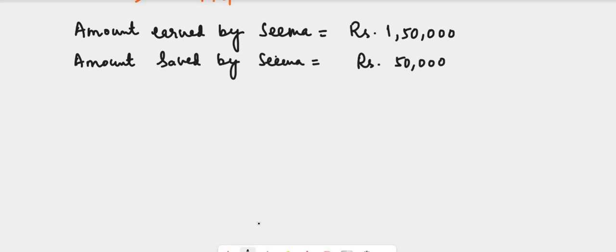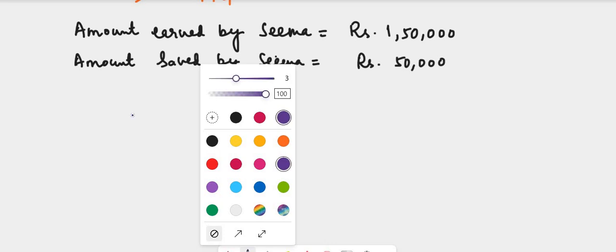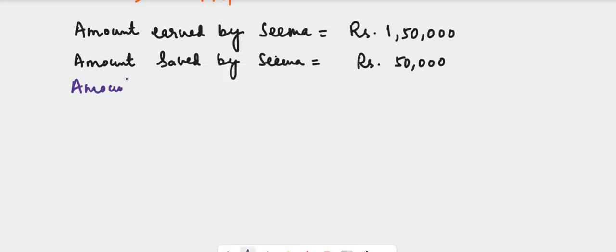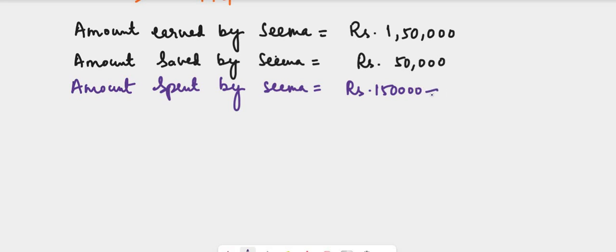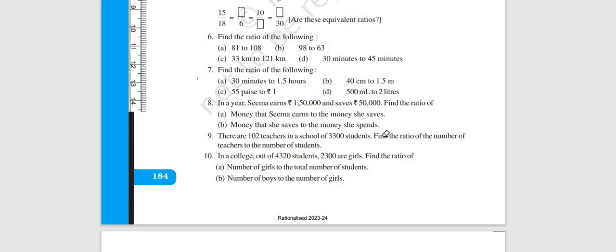So now we are going to calculate the amount spent by Seema, which is equal to 1,50,000 minus 50,000. That is equal to 1 lakh. This is the amount spent by Seema.